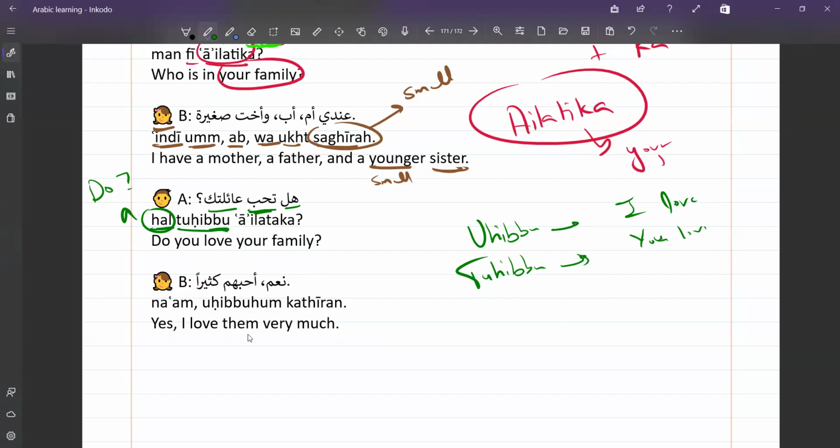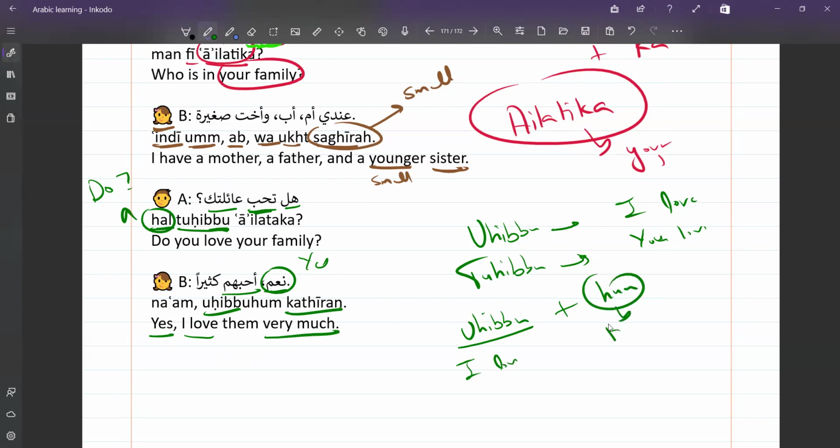So the person B would answer, Naam. Naam, we have done, means yes. Uhibbuhum kathiran. Yes, I love them very much. Kathiran means very much, and uhibbu means I love, and if I add the possessive pronoun hum with it, it would become them.